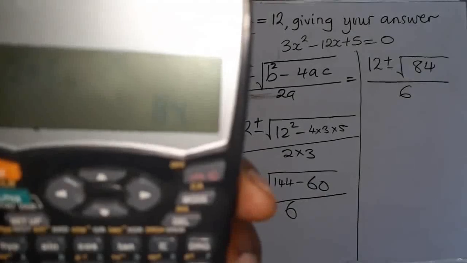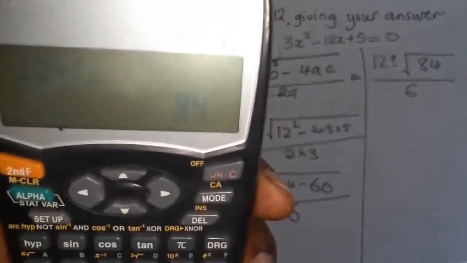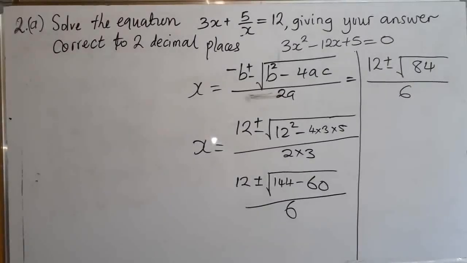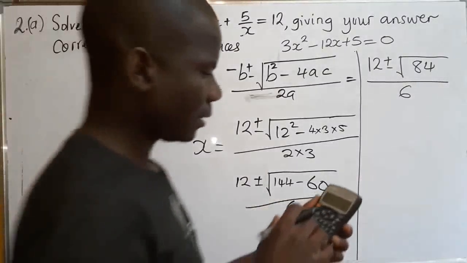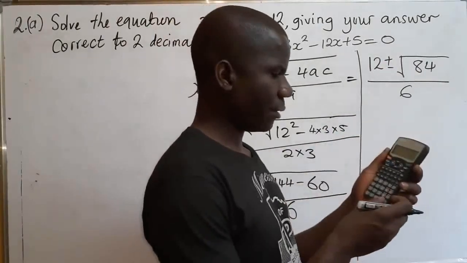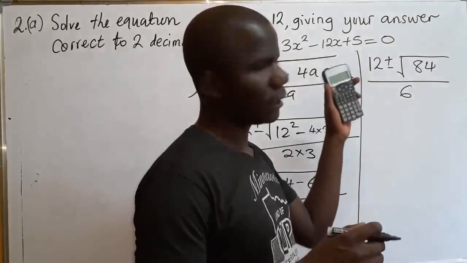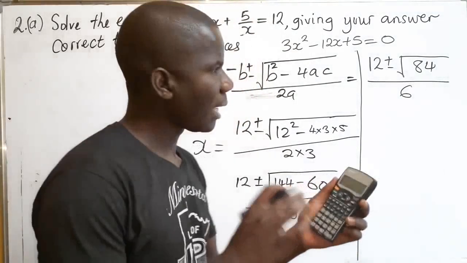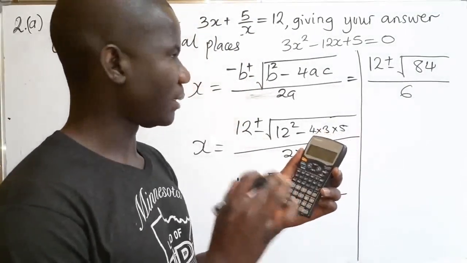Just punch on your calculator 12 plus the square root of 84 equals, and on that answer that you get, you divide it by 6.